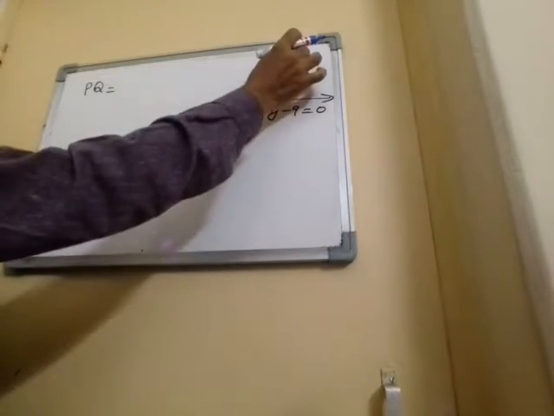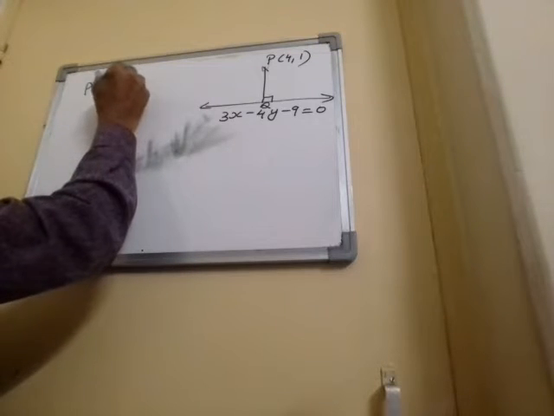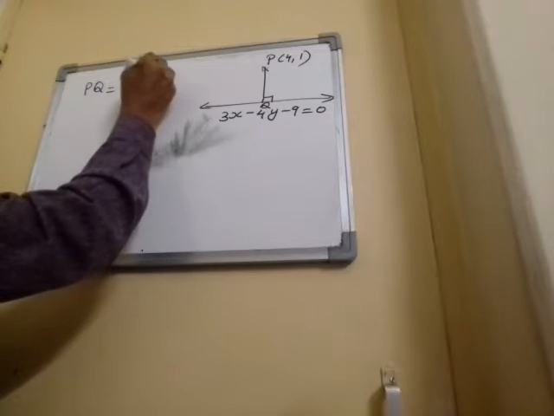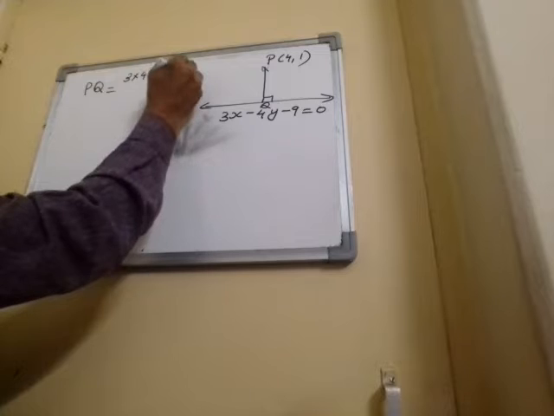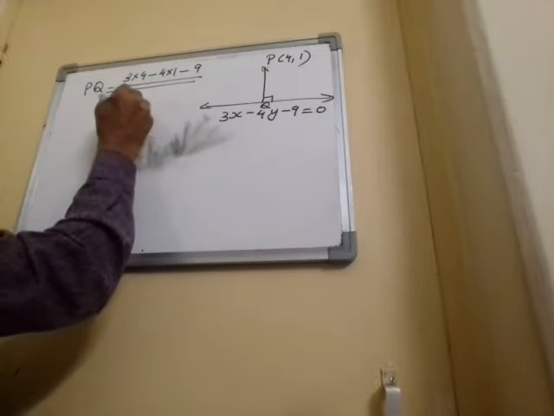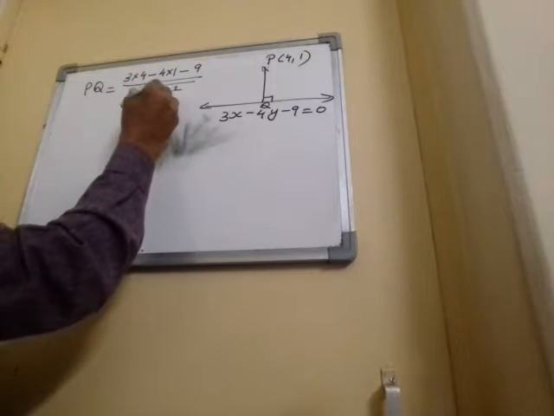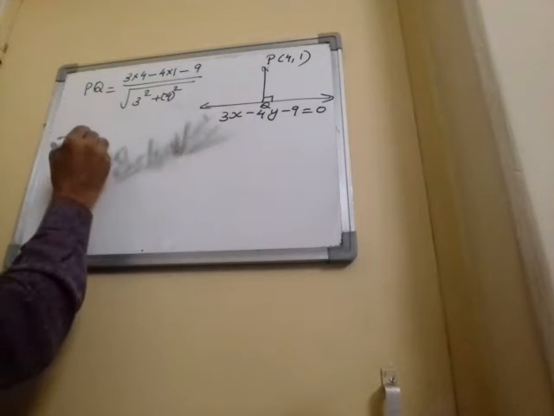So first you have to replace this x and y with this point (4, 1). So 3 into 4 minus 4 into 1 minus 9 by root of 3 square plus 4 square. This is actually minus 4 square, so also 4 square.